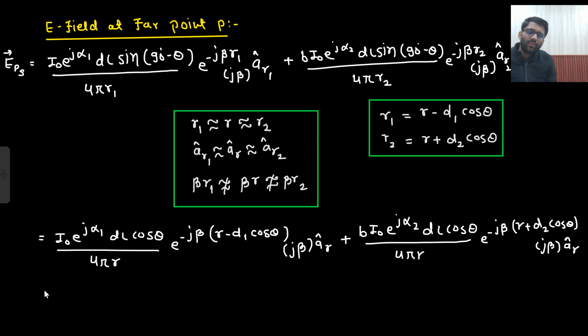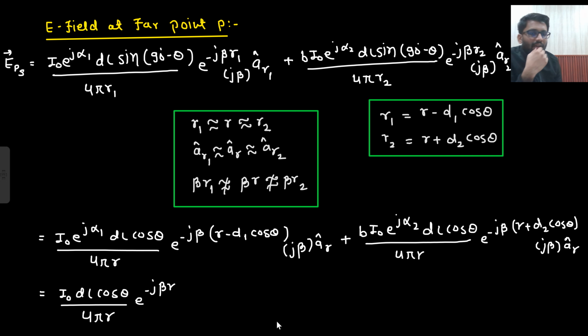Now what you can take common? You can take common as I naught dl cos theta upon 4 pi r e to the power minus j beta r. How I am taking e to the power minus j beta r common? You see this expression. From here e to the power minus j beta r is coming common into j beta AR cap. Inside what is left? Here e to the power j alpha 1 and here what is left?